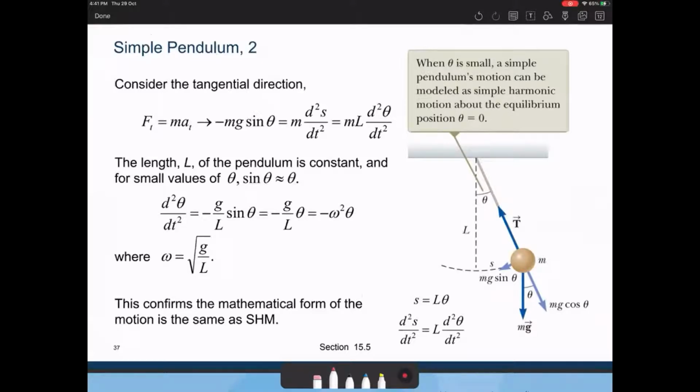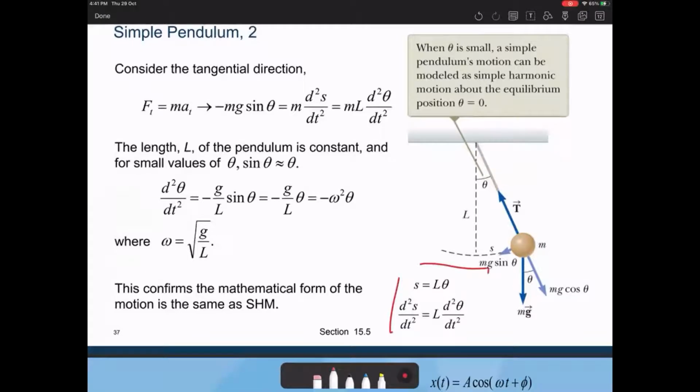So the acceleration a is equal to d squared s over dt squared. But here, we could rewrite the linear acceleration into angular acceleration. That is the important point. s is equal to L times theta as long as theta is small.